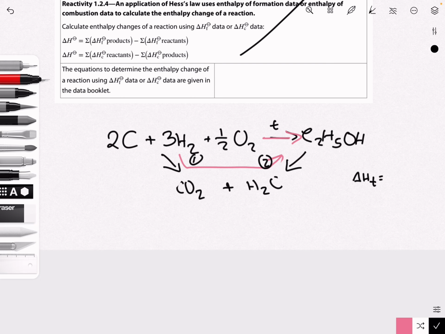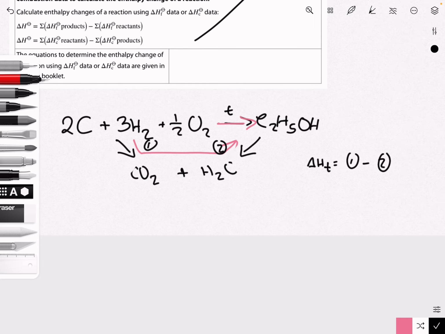So HT will be equal to 1 minus 2, which will be, how much did we have? Well, in this case, it would be negative 273 kilojoules per mole.